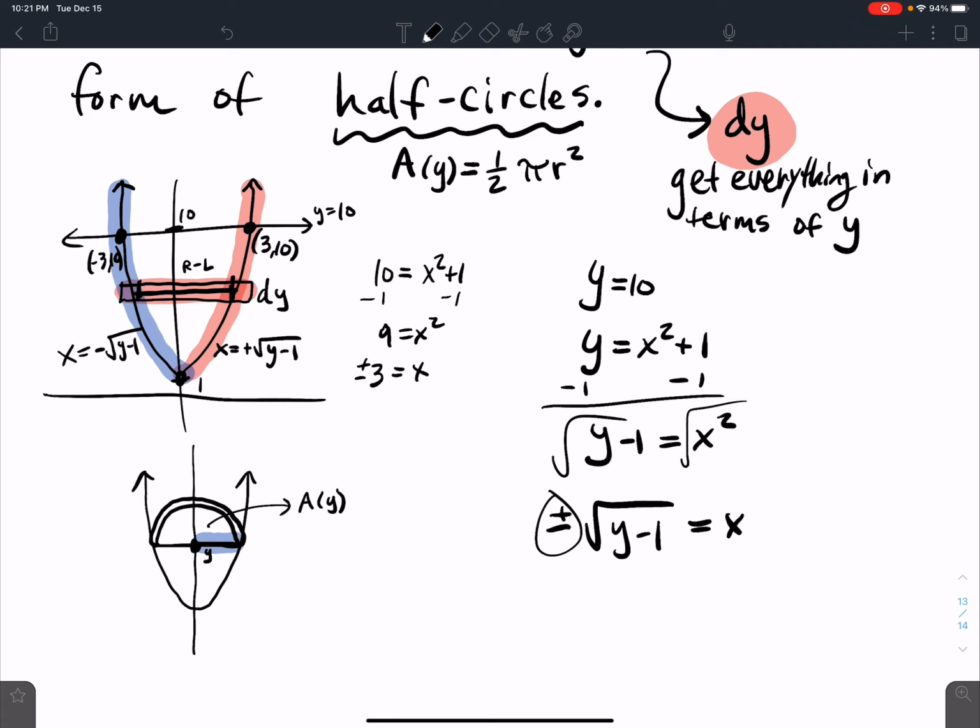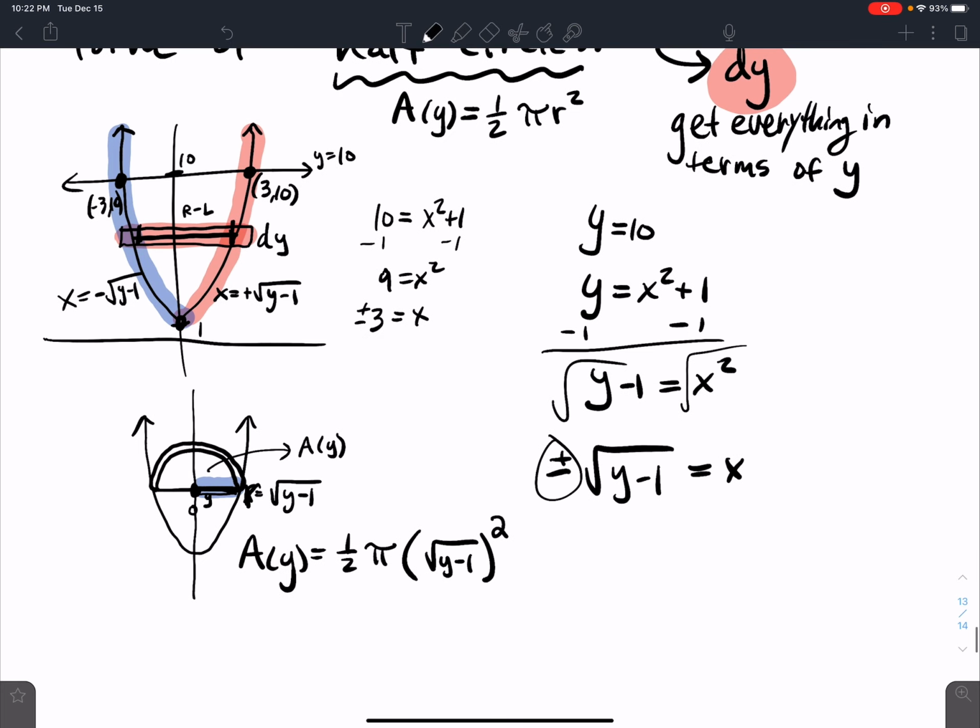What is that distance? It's from 0 to x equals the square root of y minus 1, and then you square it. So A of y is 1/2 pi r squared. What is your r here? That little radius is the square root of y minus 1, and then you square that. Now, you might be asking yourself, well, Mr.